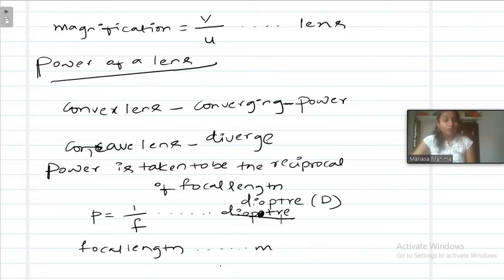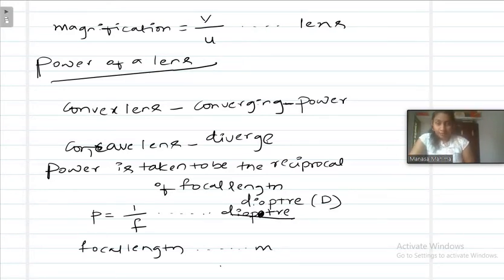It tells how much the lens is capable of converging or diverging a light ray. It is all given by the term power.